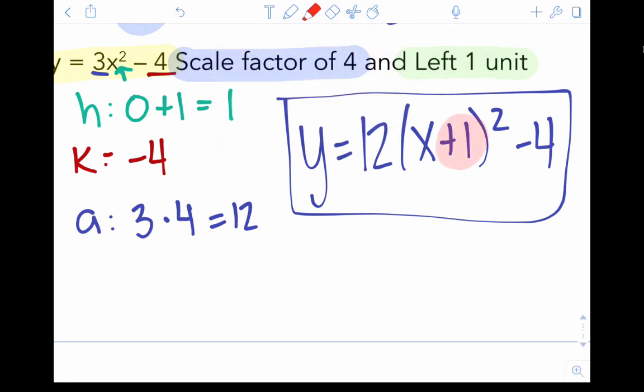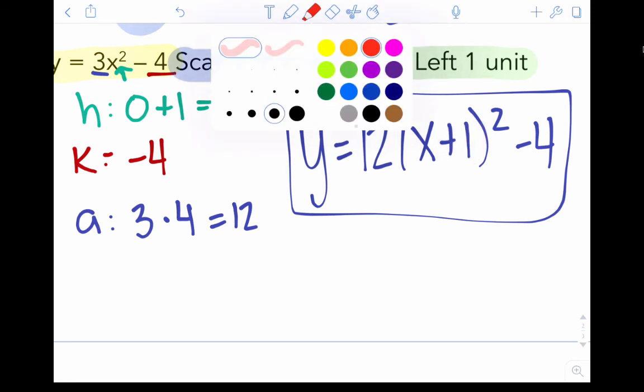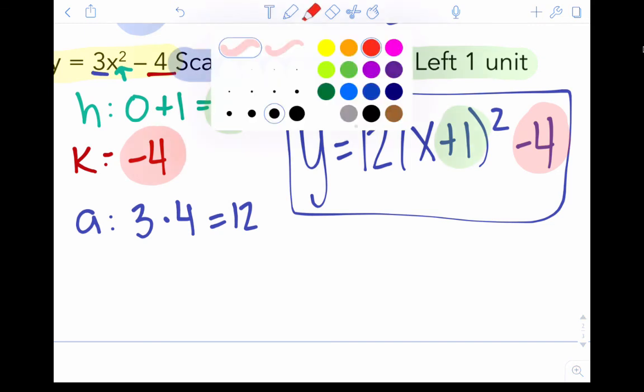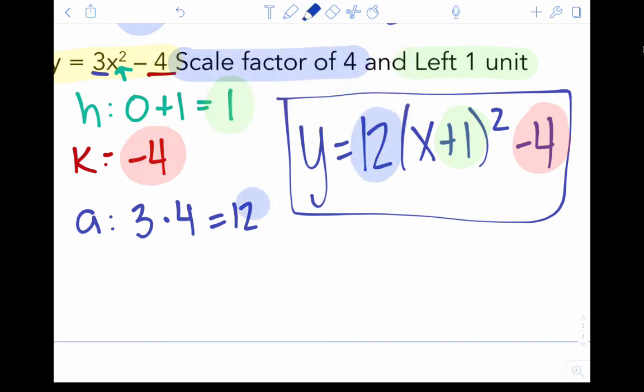The plus 1 comes from the h. The minus 4 comes from that k that doesn't change. And that 12 comes from the a that was dilated.